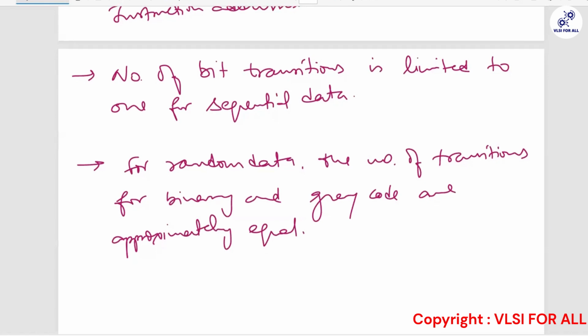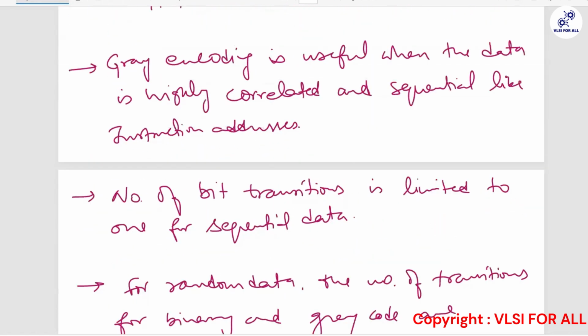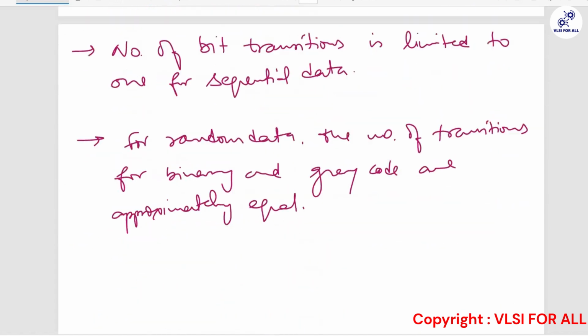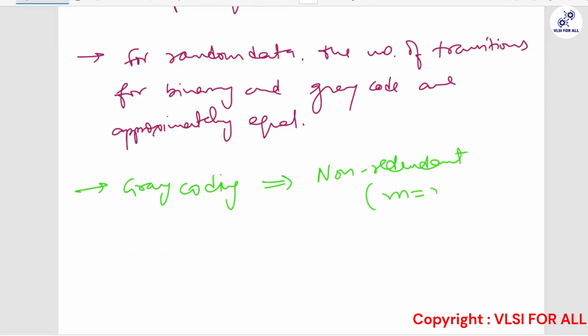Now one more thing. This gray encoding is non-redundant, because here m is equal to n.